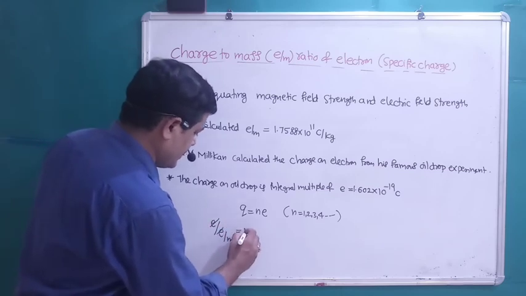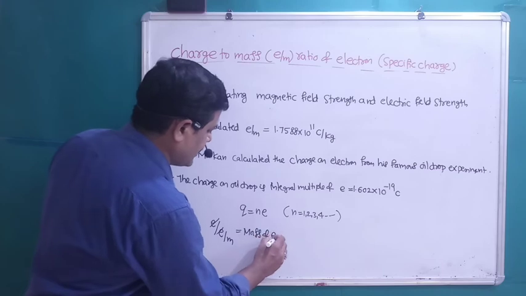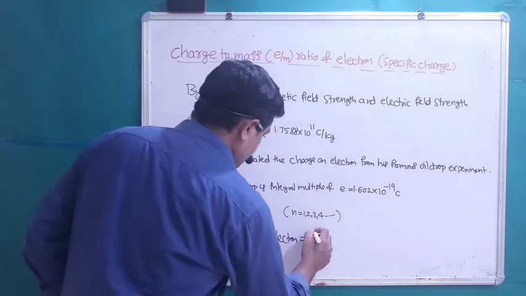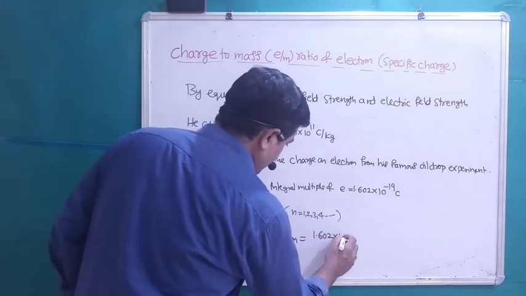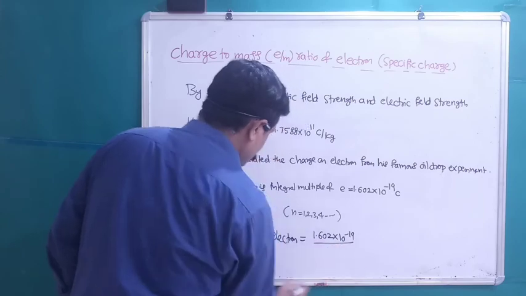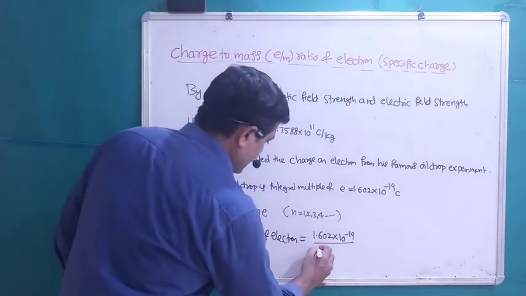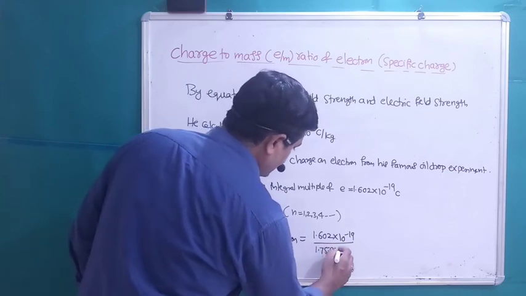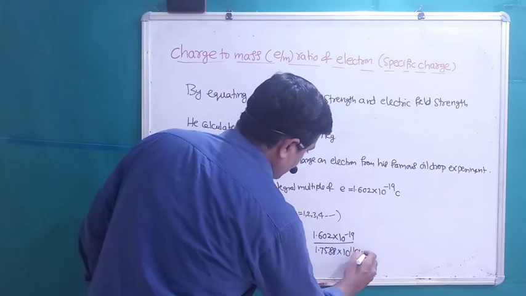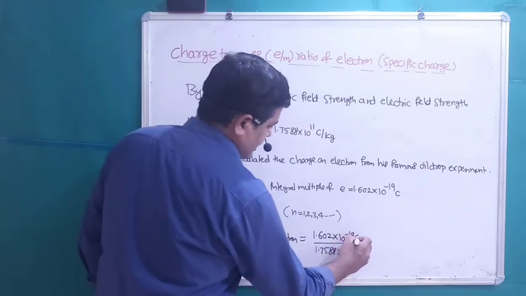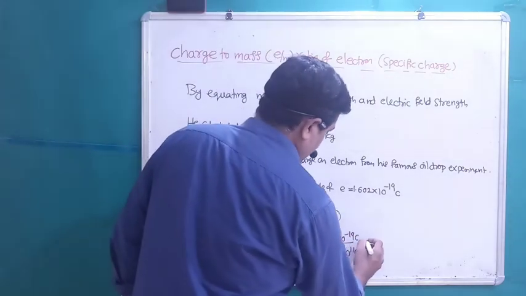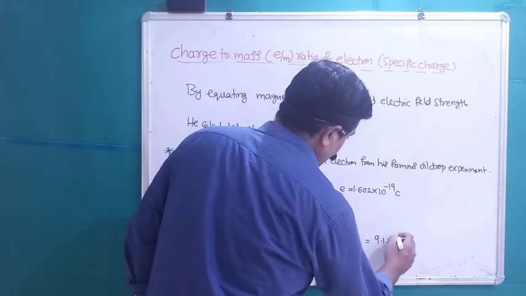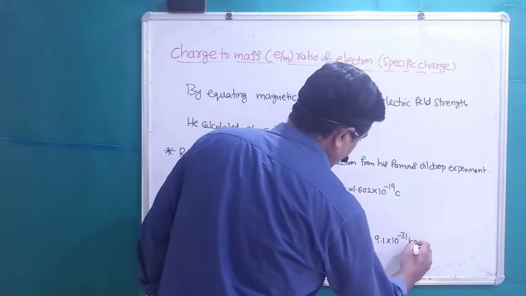The mass of electron is equal to the e value, 1.602 into 10 power minus 19 coulombs, divided by the e by m value calculated by Thomson, that is 1.7588 into 10 power 11 coulomb per kilogram. The charge unit is coulombs. On simplifying this, the mass of the electron is 9.1 into 10 power minus 31 kilogram.